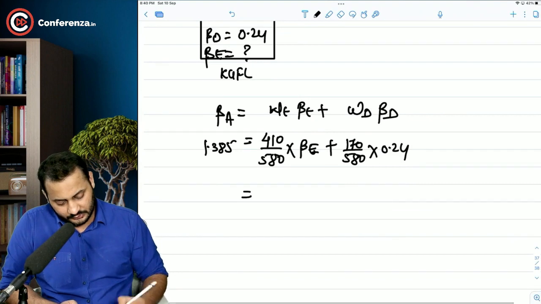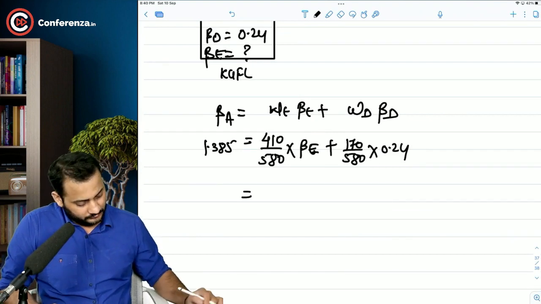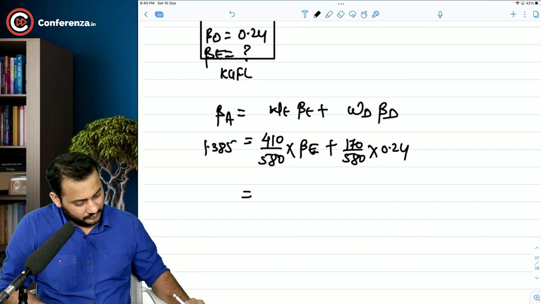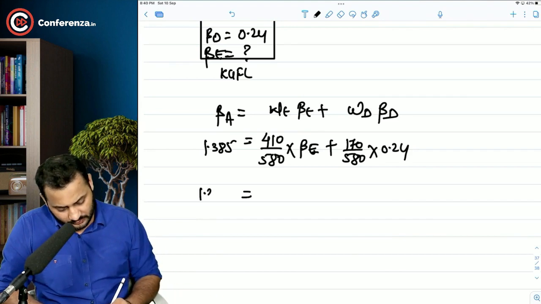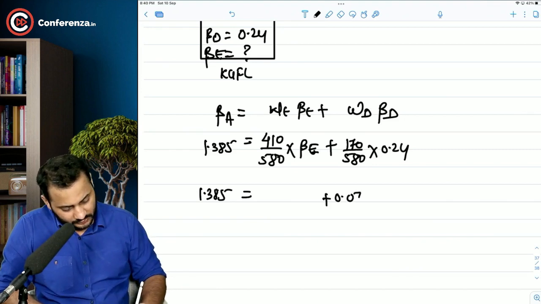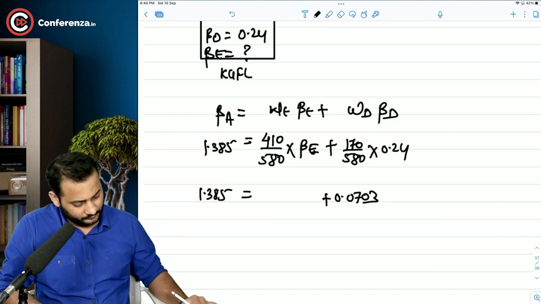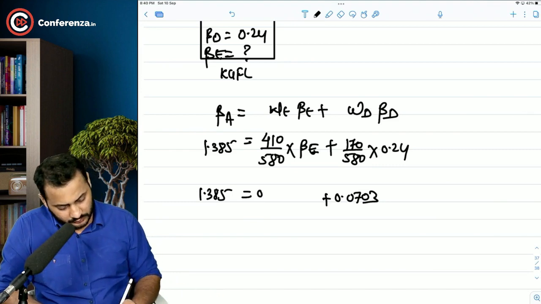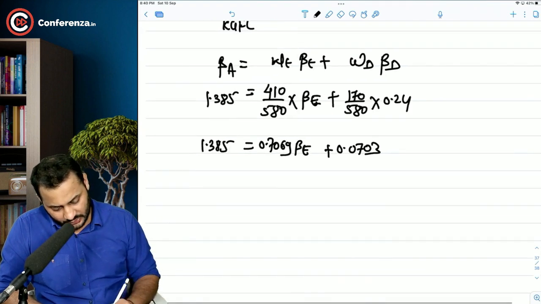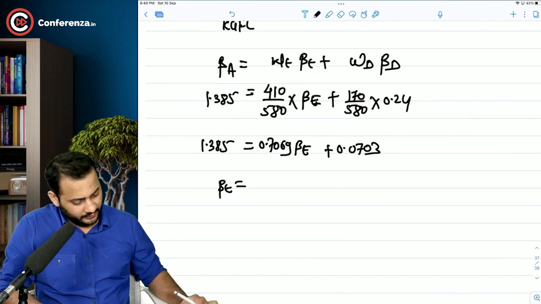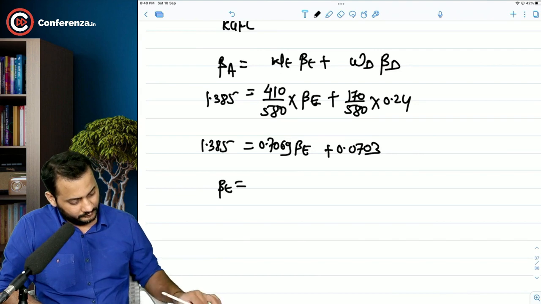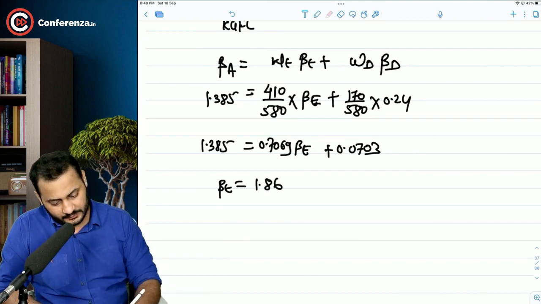So 170 into 0.24 divided by 580, that is 0.0703, and 1.385 minus that gives 0.7069 as the equity term. So if we solve this equation, equity beta will be 1.86.